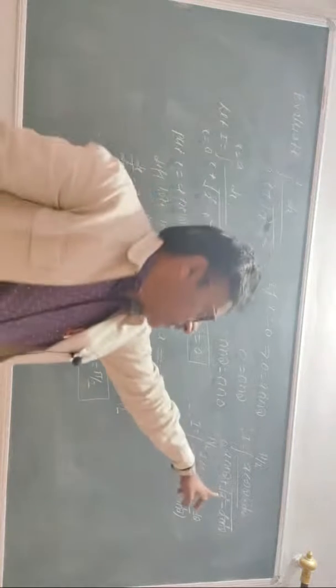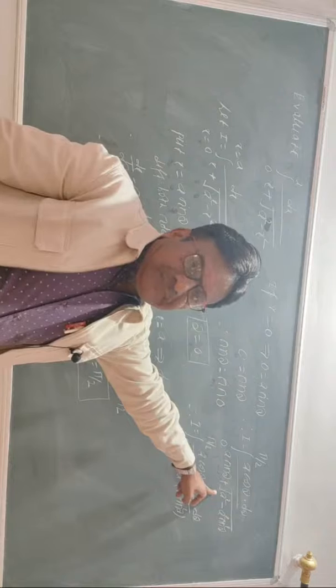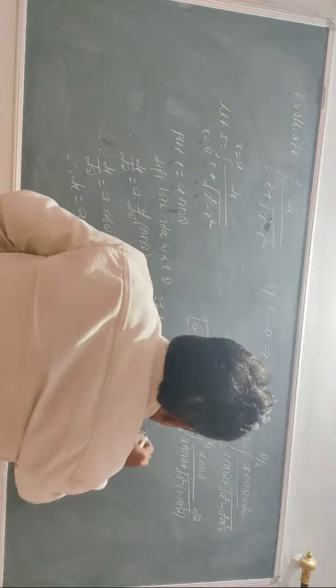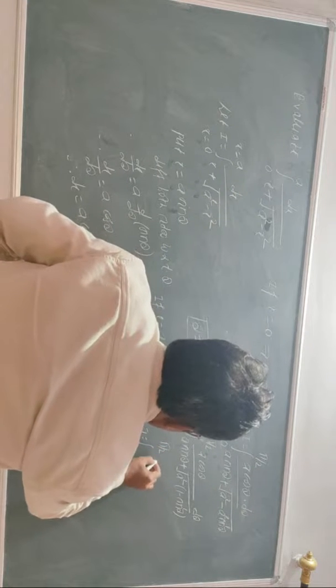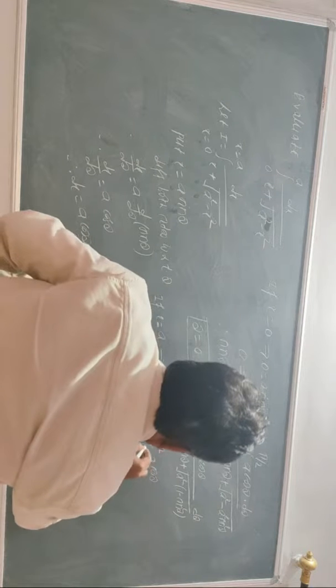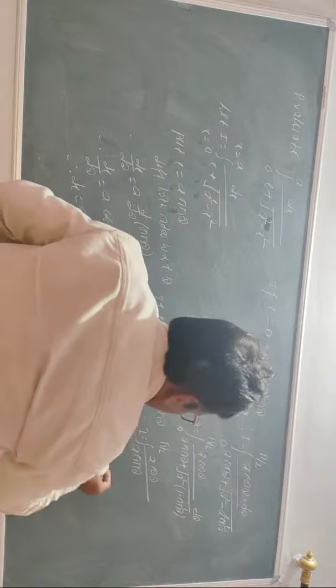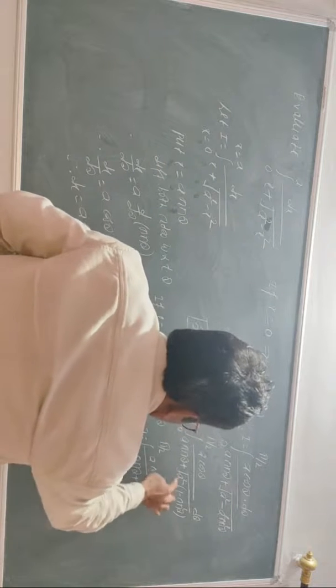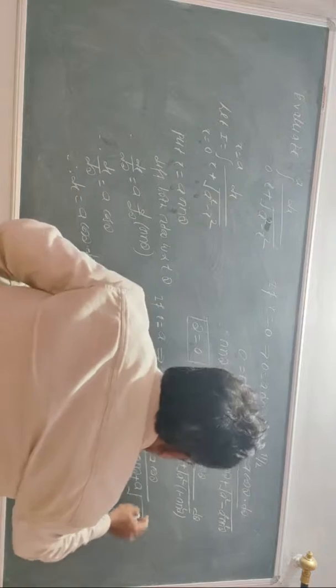From under root a square we take common, only here we change. So I equals integration 0 to pi by 2 a cos theta upon a sine theta plus a into under root 1 minus sine square theta.